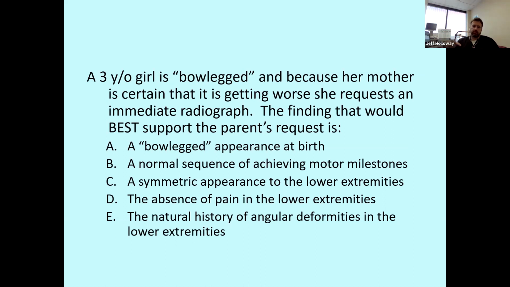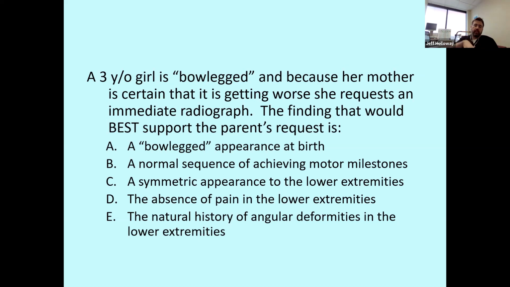Okay, well, that's not right, because it's when there is pain that gets you more concerned. And then the natural history of angle deformities in the lower extremity. So this is where you try to think through, okay, what is there? And again, this is where I might have said it wrong. The normal sequence of achieving motor events is, again, one of those key things to think about. Did he not achieve the motor event? So if she's not walking by 3, then you're really worried.